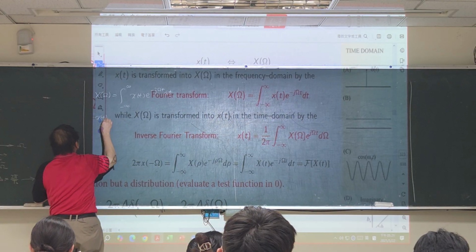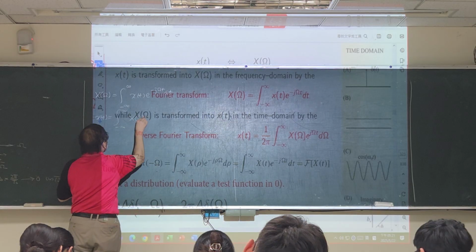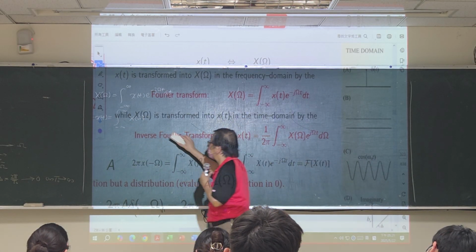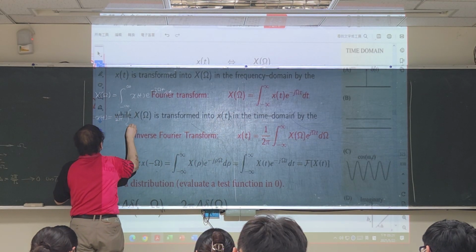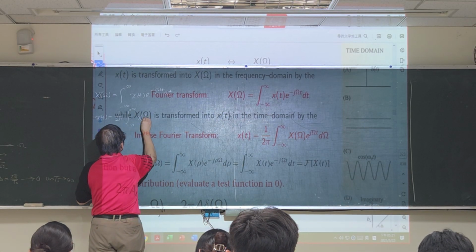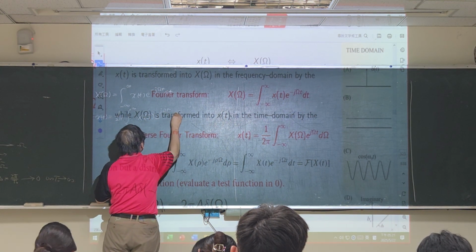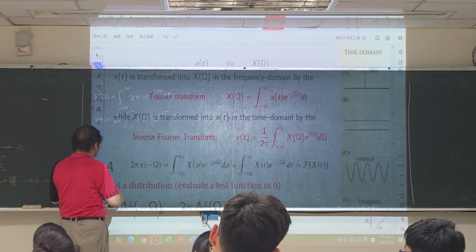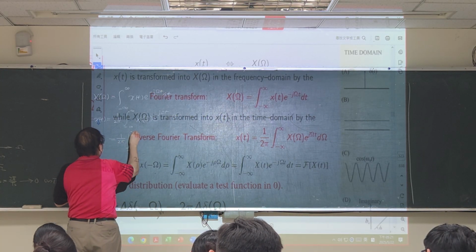In the time domain, but I'm going to change the dummy variable first.